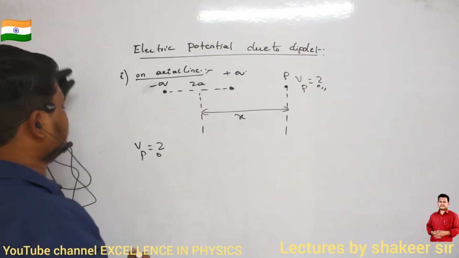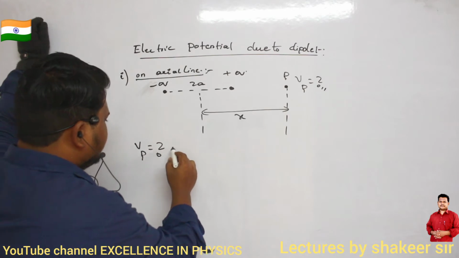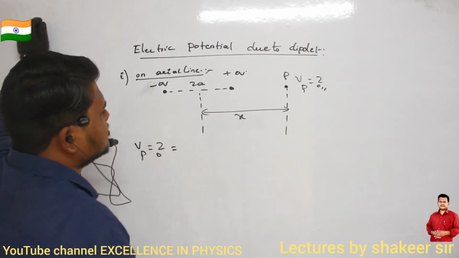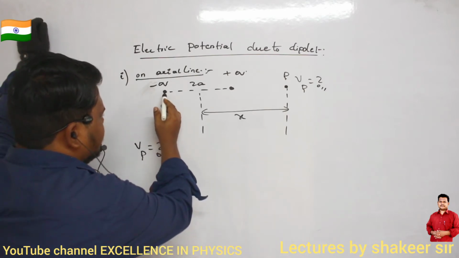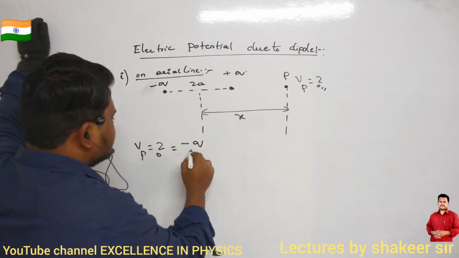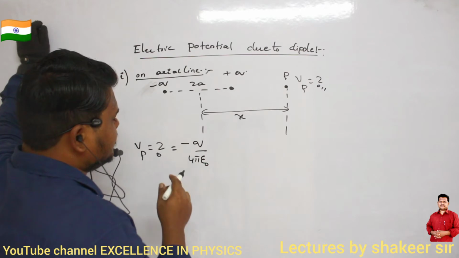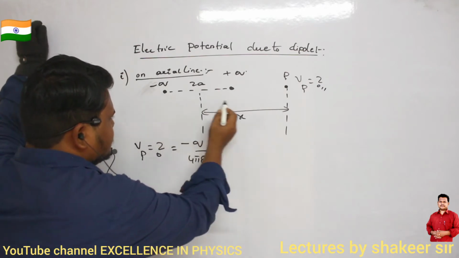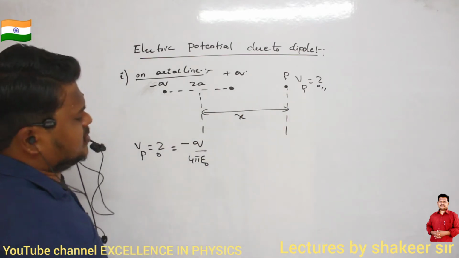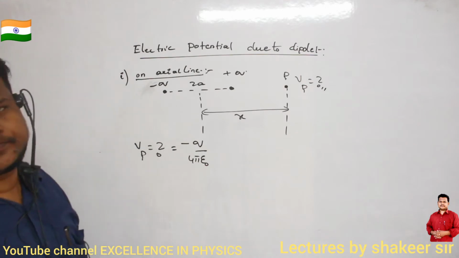So therefore, total potential at point P, how can I calculate? First, due to the negative charge, it is minus Q divided by 4 pi epsilon naught into R. Now what is the R value for this negative charge up to this point?